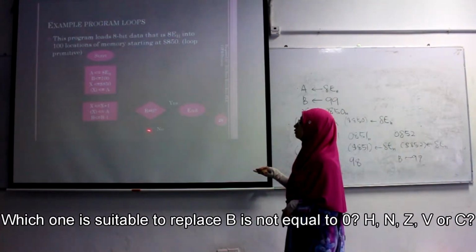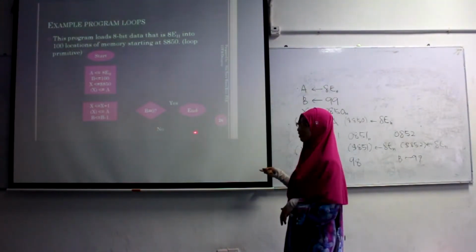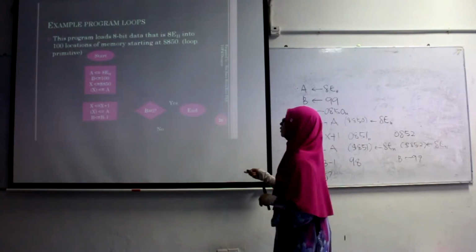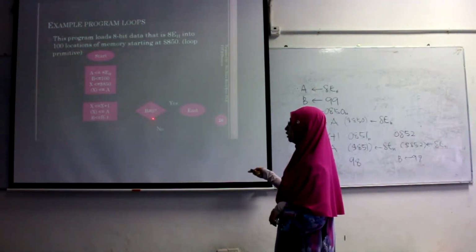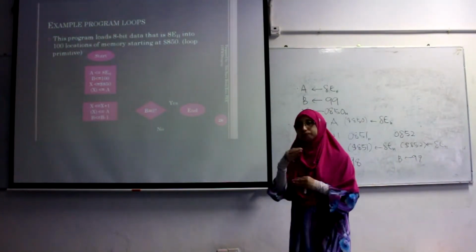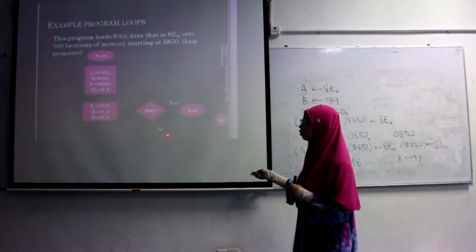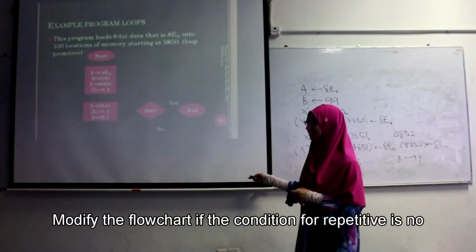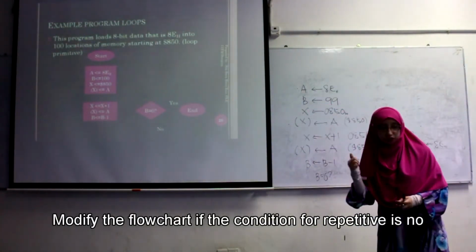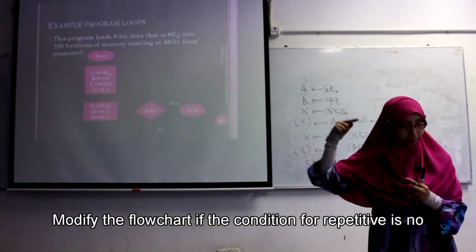First, you have to change the flowchart. We cannot let the branch instruction loop the program with no. We have to change it to yes. The flowchart must be changed to yes to make it loop.